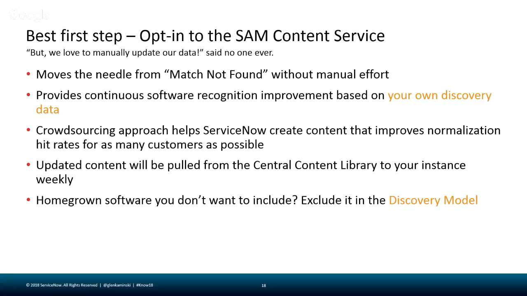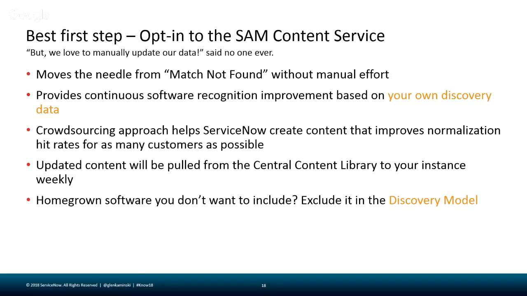Now, if you have homegrown software that you don't want to include, it's custom software that you created, it can be excluded. Even if you opt into the content service, you can exclude specific discovery models from being submitted to the content curation team if you so desire. There's a flag in the discovery model form that allows you to exclude it from being submitted.